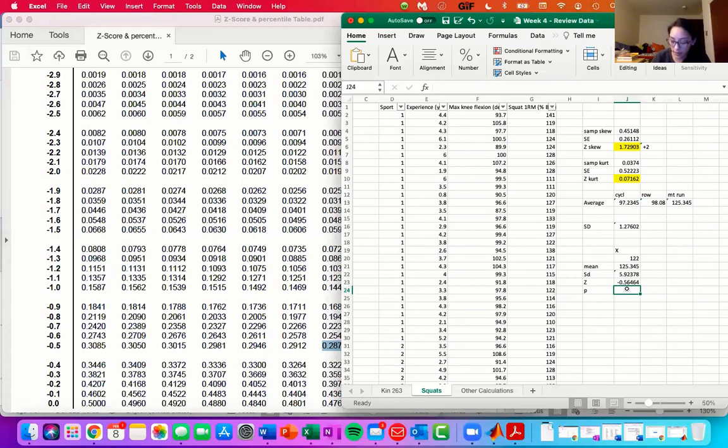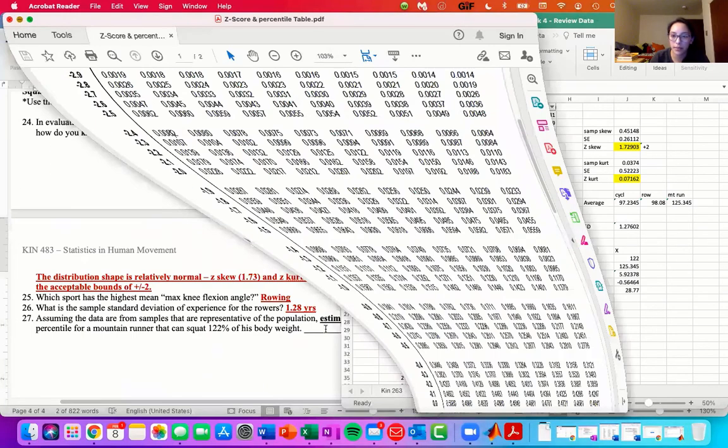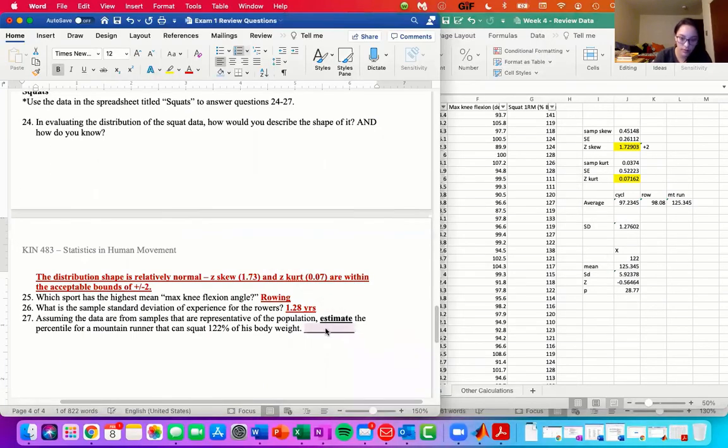Either one of those would be acceptable. Or you can do 28.77%. So that's what I would report here. Or as a probability, if we're rounding properly, 0.29.